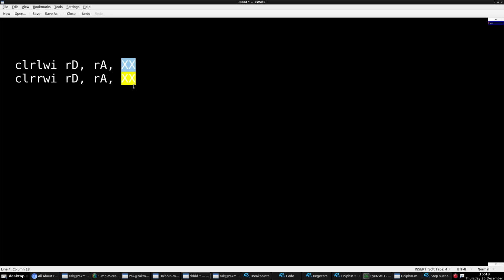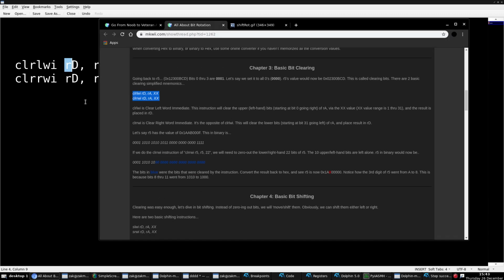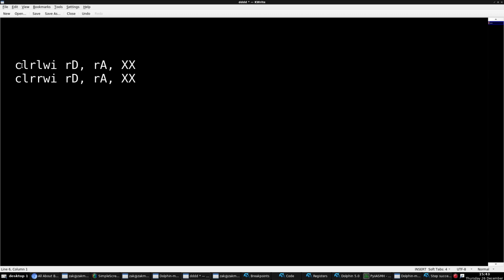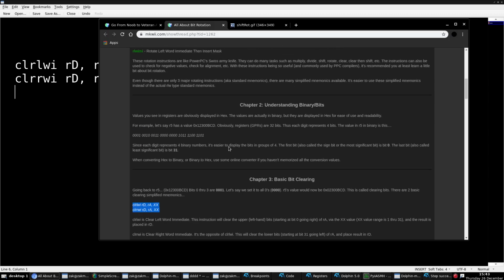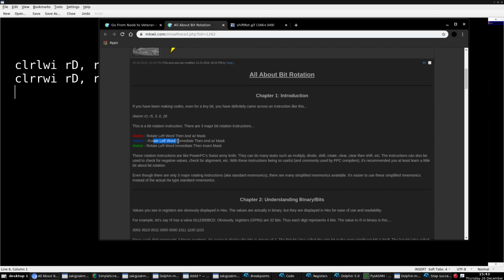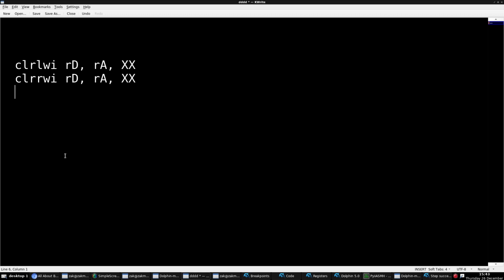The XX value is a decimal value which represents how many bits are going to be cleared. Source register, obviously, and the result goes in the destination register. Pretty self-explanatory. This is a simplified mnemonic for this second one right here, rotate left word immediate, then and with mask. So clear left word immediate and clear right word immediate.